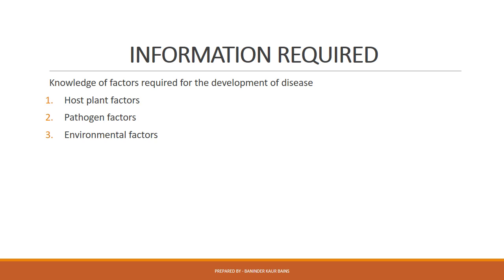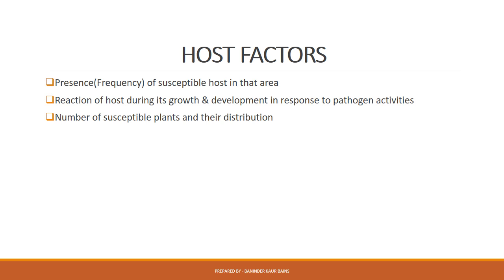These are host plant factors, meaning all the factors related to the host plant, the crop plant; pathogen factors, the factors related to the disease-causing microorganism; and the last one is environmental factors, the climatic and weather conditions of the area for which the disease forecast is being done. Information related to all these factors is required if we want to do a disease forecast.